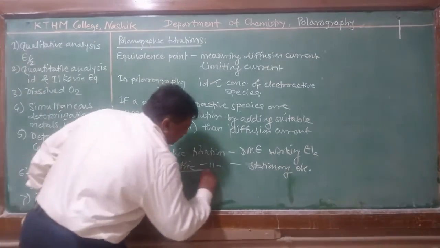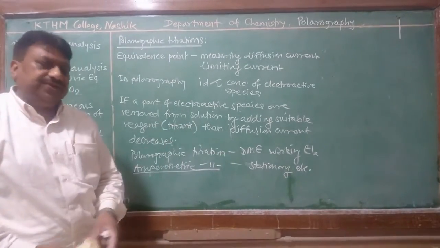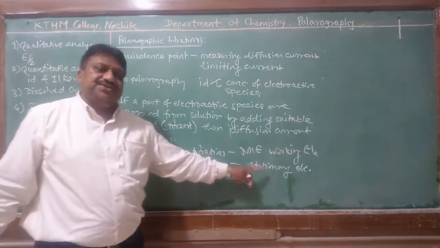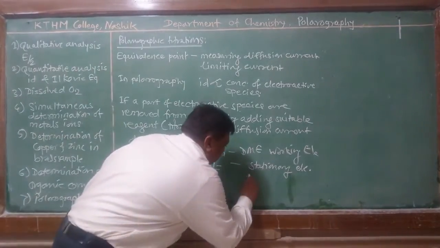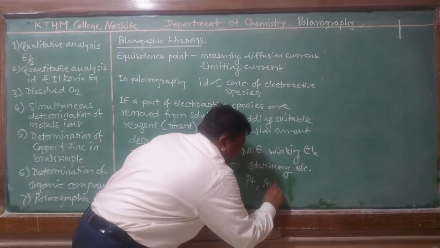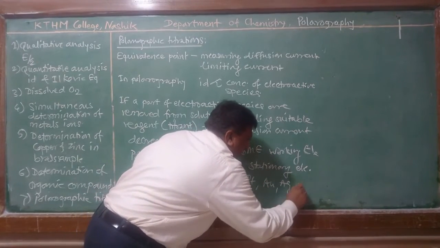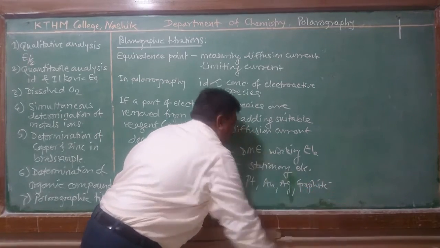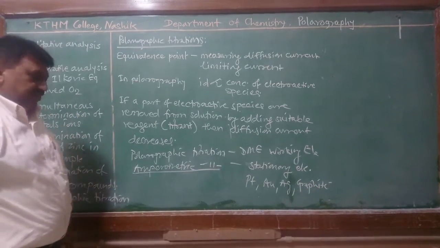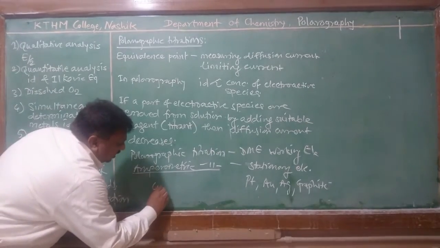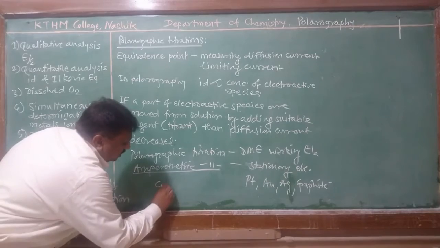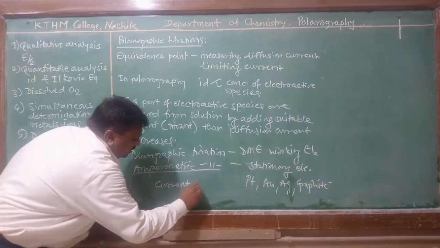If DME is used, then it is a polarographic titration. If the same titration is carried out using another stationary electrode like platinum, gold, silver, or graphite, then it is called an amperometric titration, because in this titration current is measured.